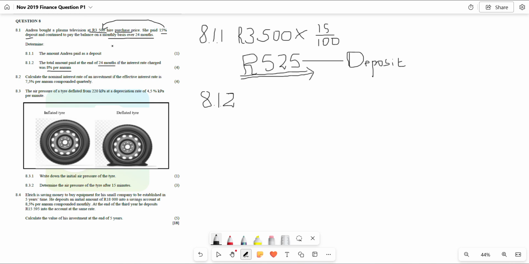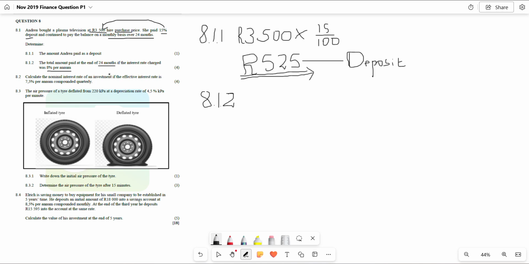Remember, when we are dealing with hire purchase and you are required to calculate the total amount, you must use the simple interest formula. In a nutshell, a hire purchase question requires you to use the simple interest formula to answer questions about the total amount to be paid at the end of the contract.